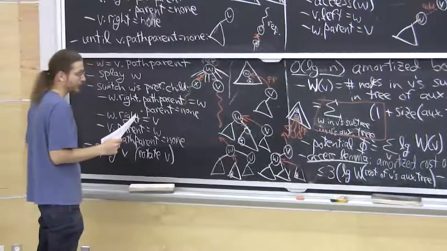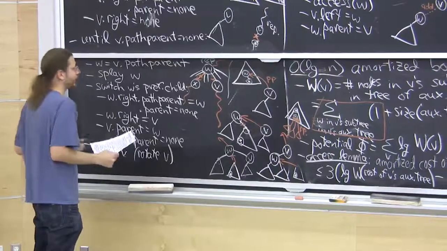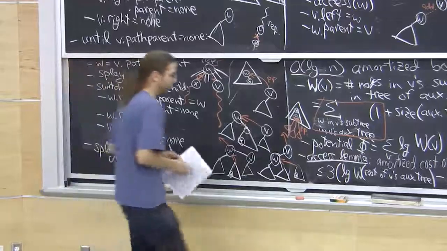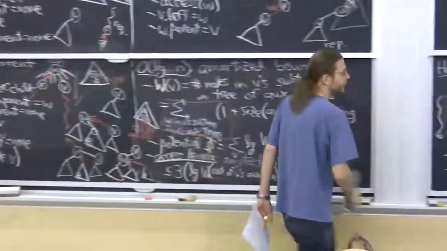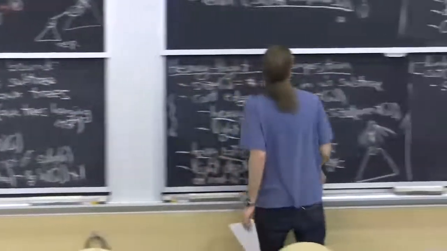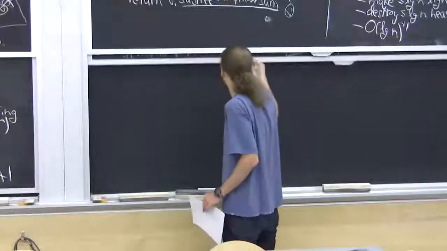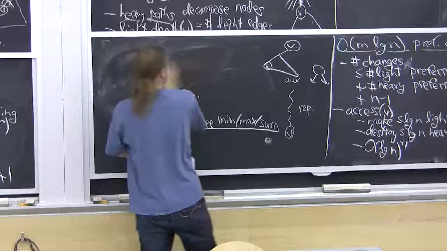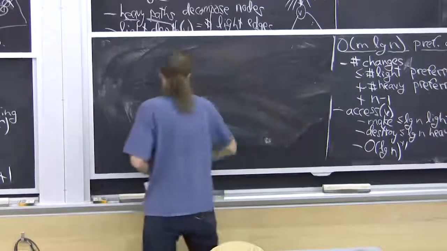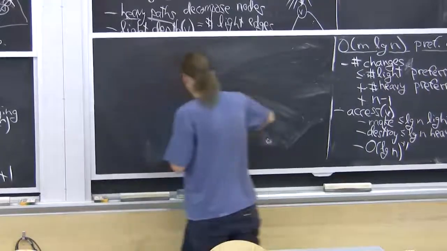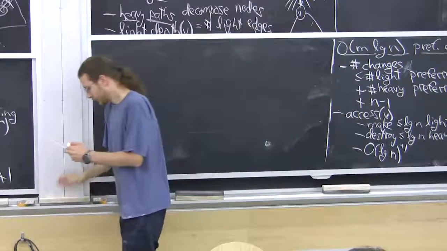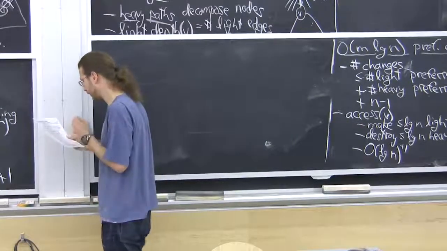So, assuming the access lemma, I want to prove to you a log n bound. Okay.